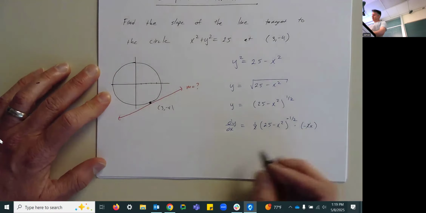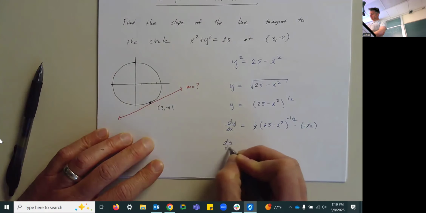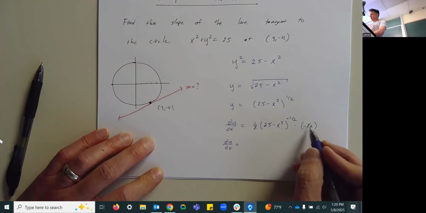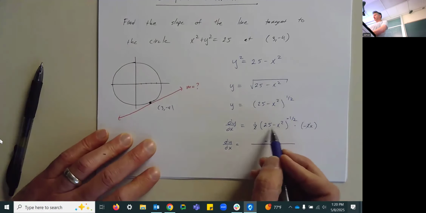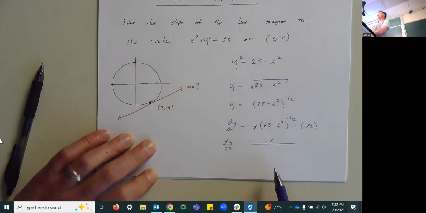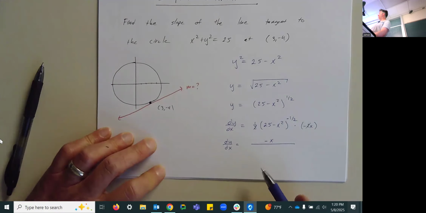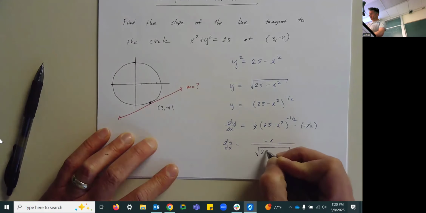And I can rewrite this as dy/dx equal to, I have a -x on top. And instead of writing (25 minus x squared) to the -1/2, I'm going to put that on the bottom as (25 minus x squared) to the +1/2, or actually preferably the square root of 25 minus x squared.